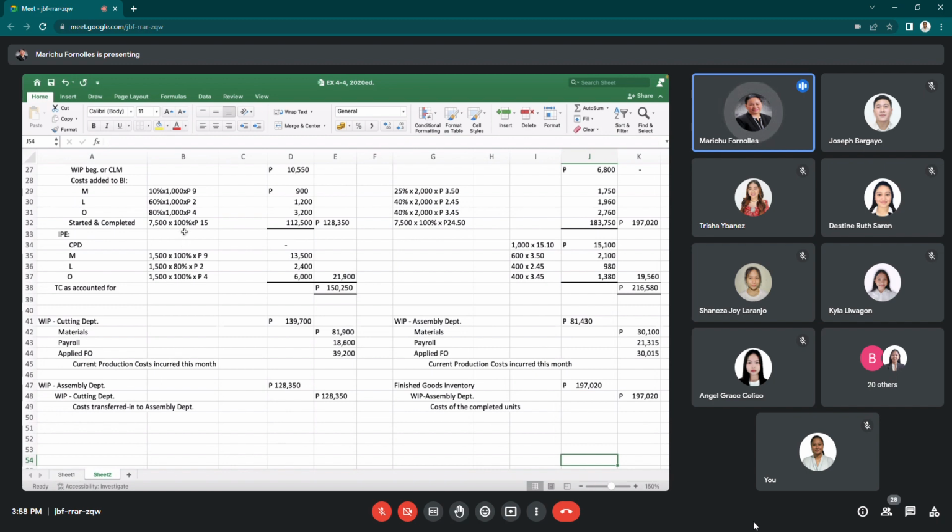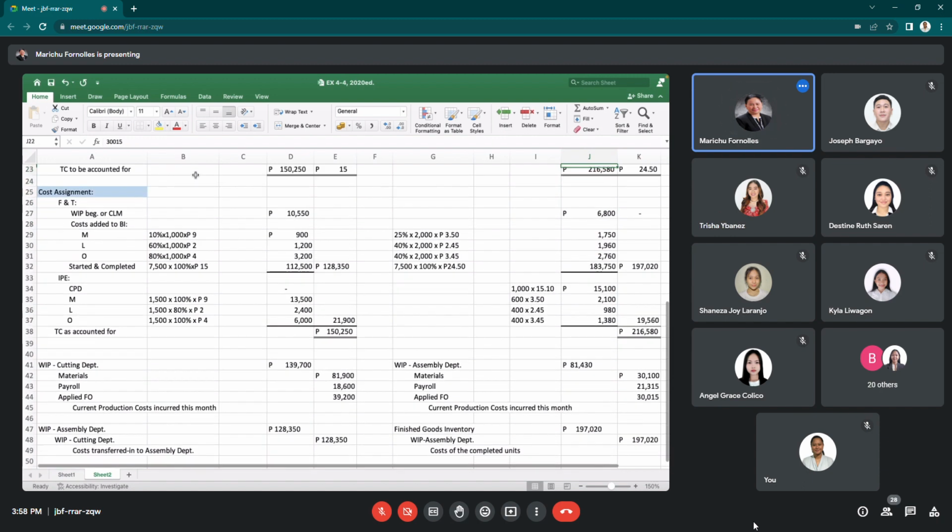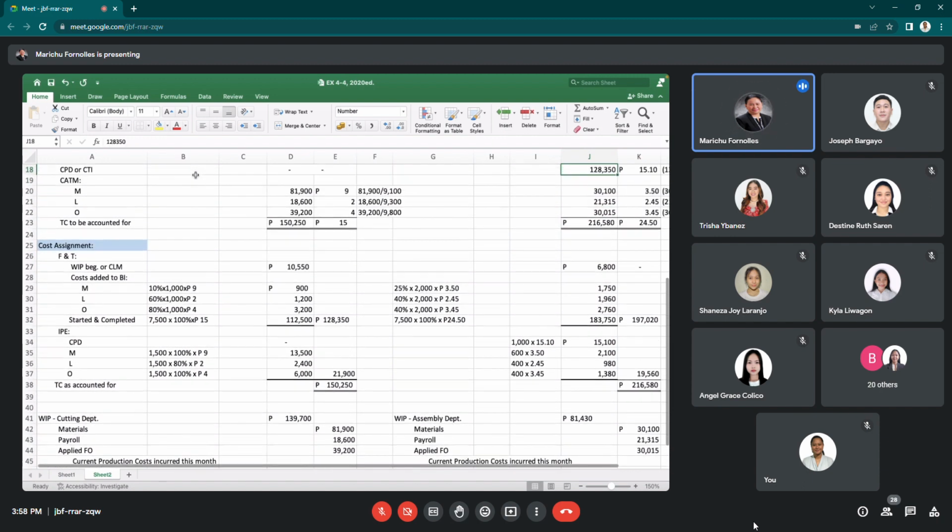So it is in your CPR of cutting. So go back to the cost charged to the department or cost added by the department. So this is the 81,900 material cost added this month in cutting.